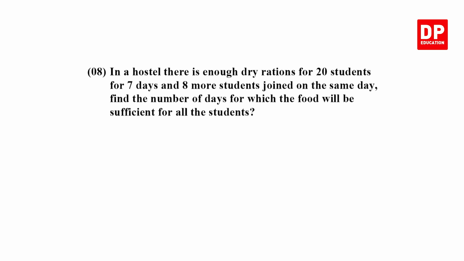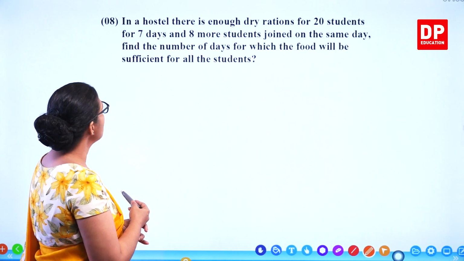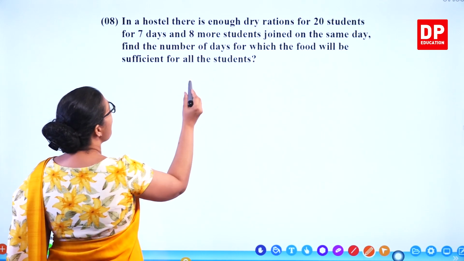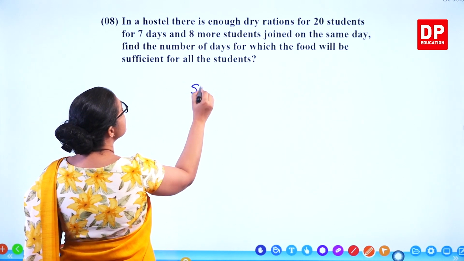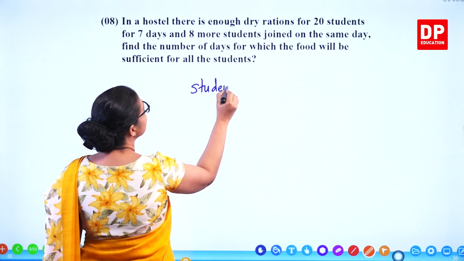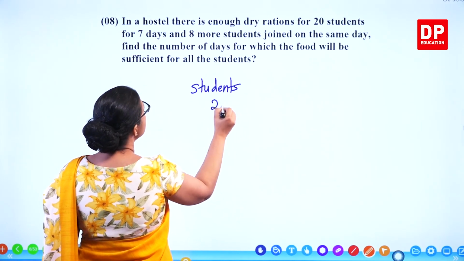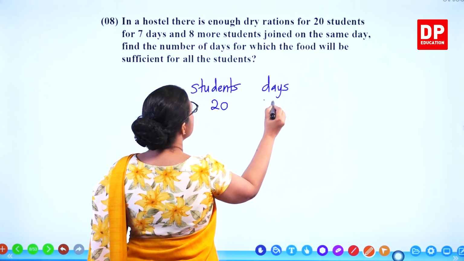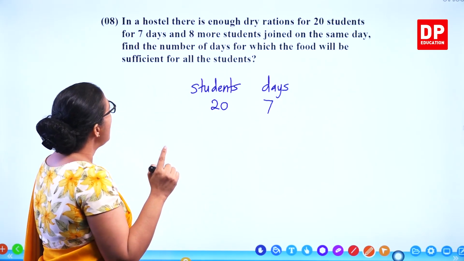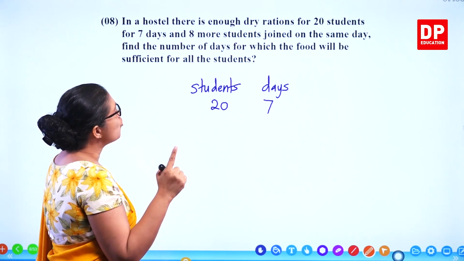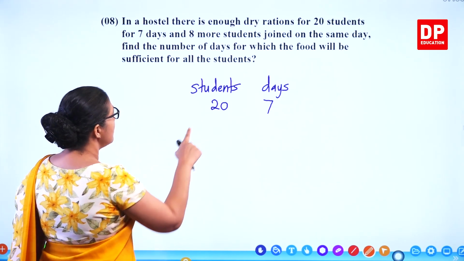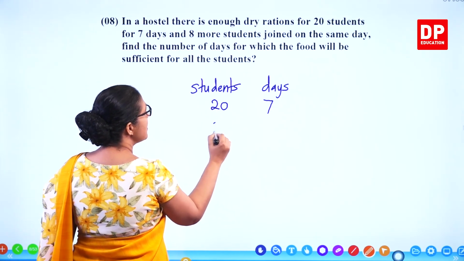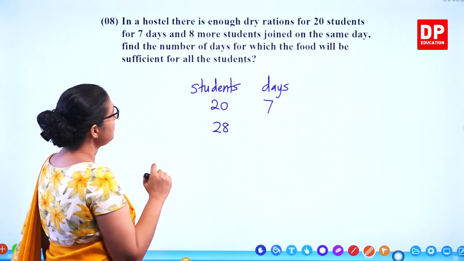Question number 8. In a hostel, there are enough dry rations for 20 students for 7 days. So here, that's for 20 students for number of days, that's 7. And 8 more students joined on the same day. So 20 plus 8, 28 students now.